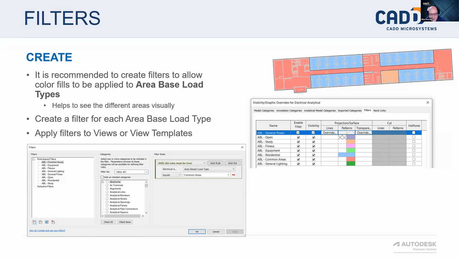If you have a common area load and an equipment area load, create a filter for each one of those. Then we can apply those filters to our view templates or our views, and assign colors to those so that we can graphically tell in our plans which areas are where. Otherwise, they're all going to look the same.